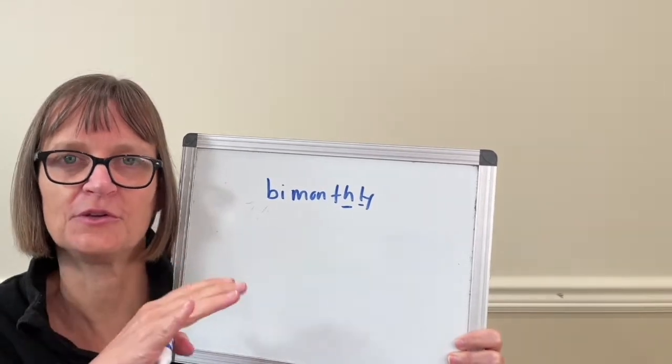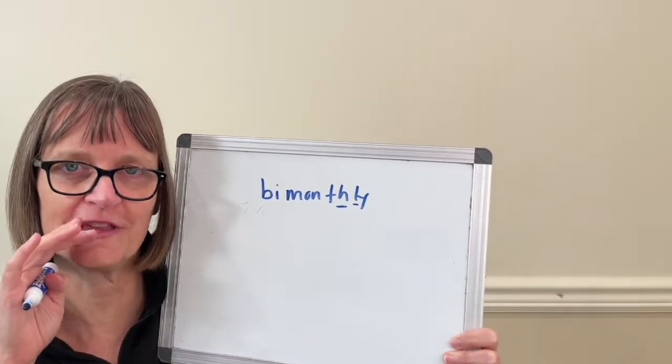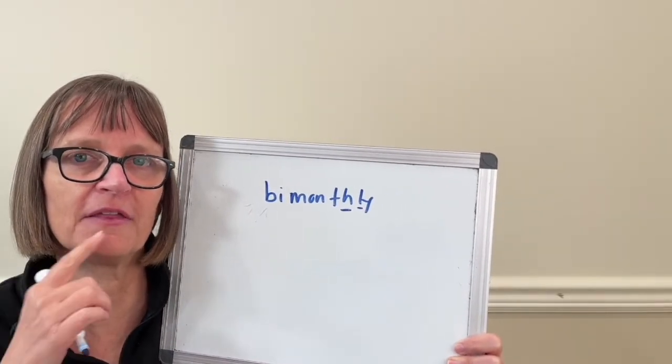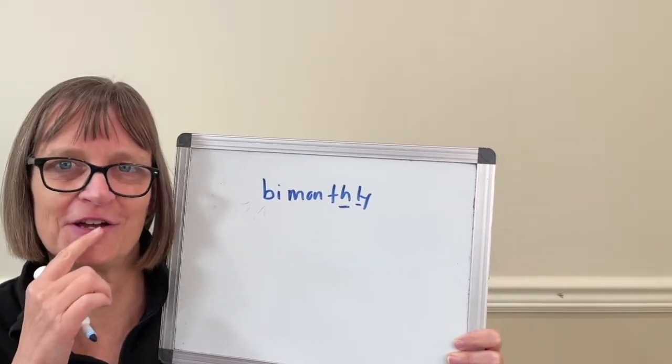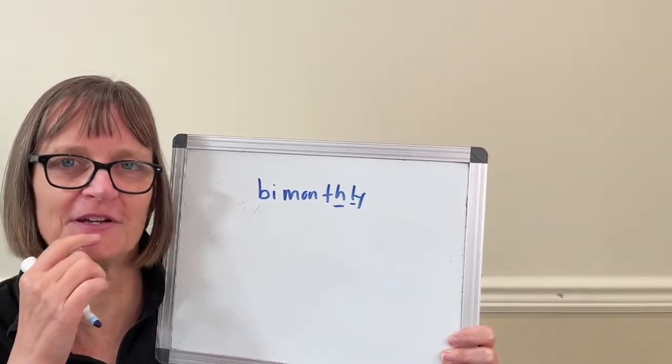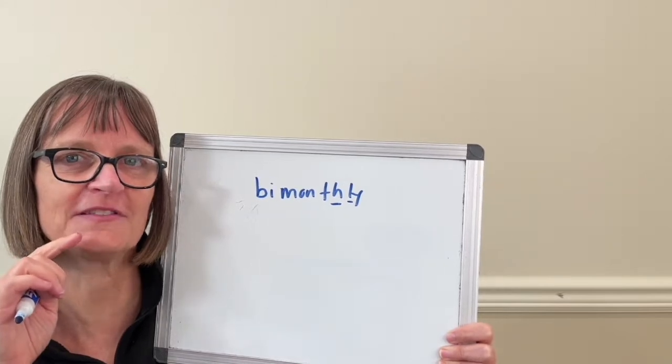So you can either pull the tongue back and move to that L position, or I could say bi-monthly, and I leave my tongue between my teeth, and I just close for the L a little further back on my tongue. So I don't have to make two movements.